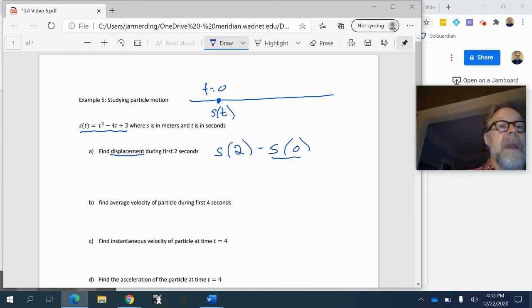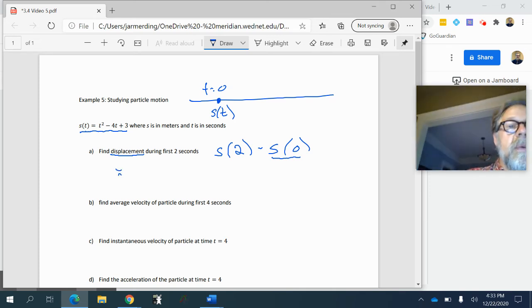So doing some quick calculations, S of 2 minus S of 0, we get that this is equal to -4 meters, which means that it's actually moved backwards. It's moved to the left.